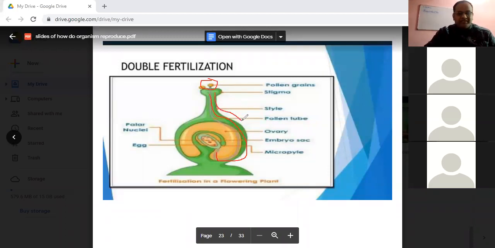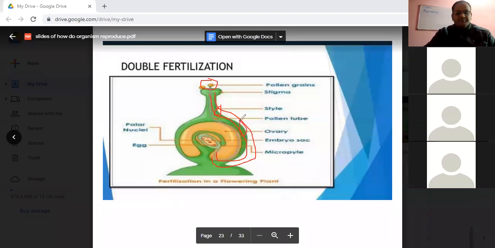How many male gametes does this pollen tube carry, students? Through the chat box. Very quick answer. Two. Very good. Two male gametes come in the pollen tube.